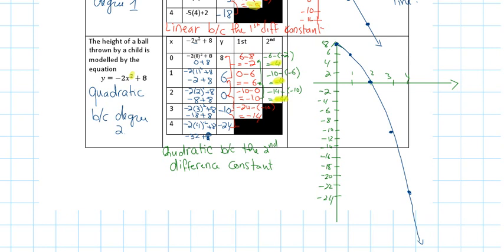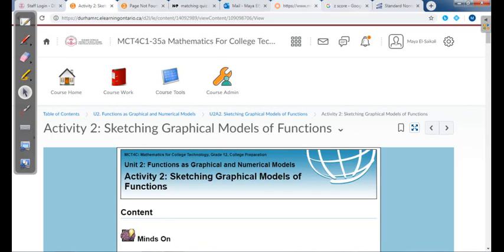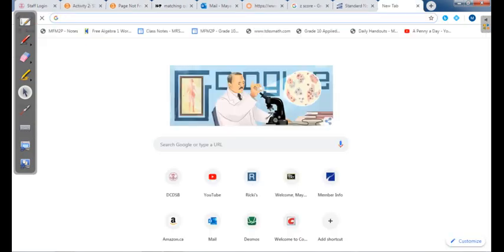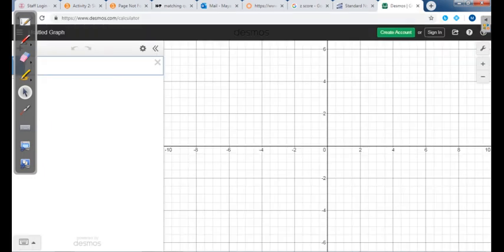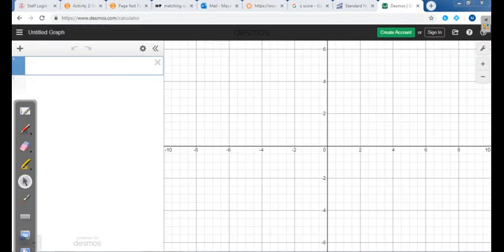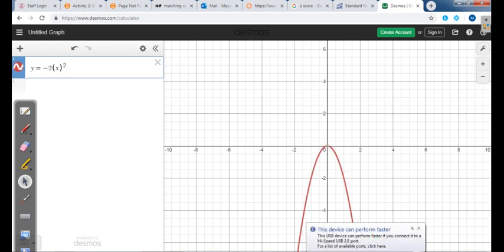So if I go to a graphing calculator called Desmos, and I type the equation y equals negative 2x squared plus 8.